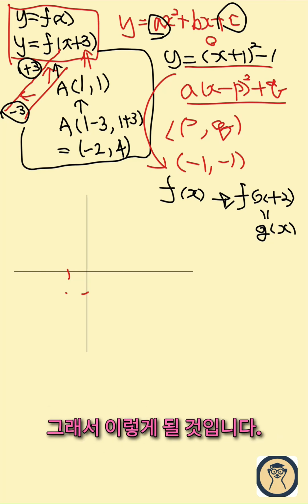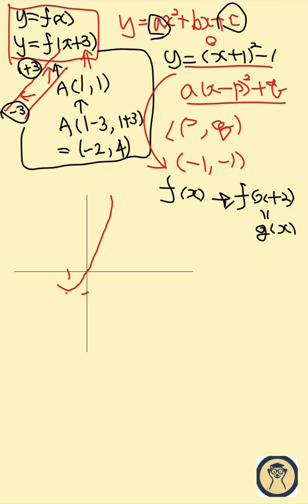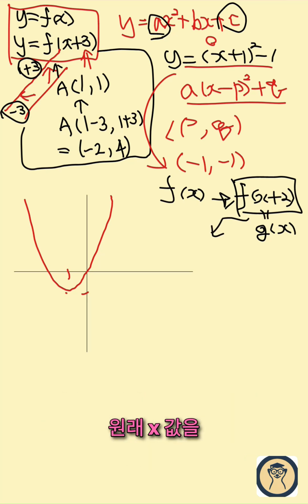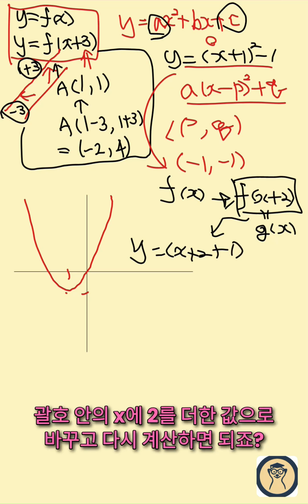Yeah, it's going to be 0, so it's going to be something like this, right? So go back to translating this function. What do we have to do? Simply, we have to replace the original x value with x plus 2 inside of the parenthesis, and we just recalculate it, right?